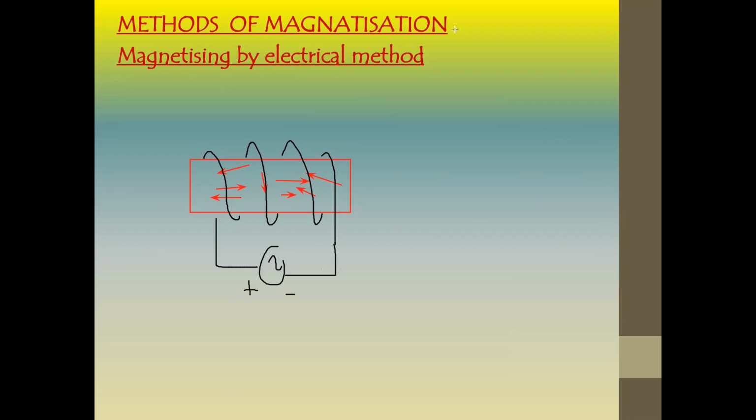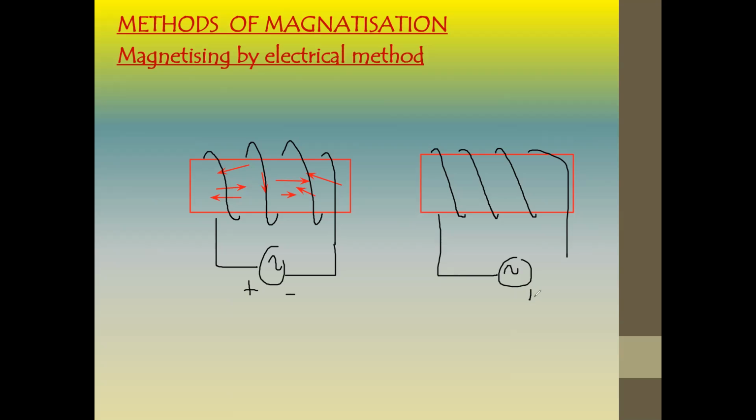Next moment, the direction of the poles will also change. The right hand side will be positive, the left hand side will be negative. So the direction of the magnetic poles of AC continuously changes.